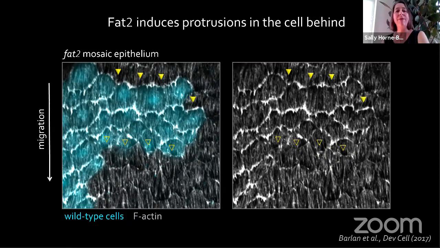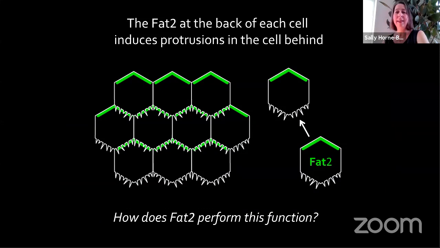By contrast, if you have FAT2 mutant cells migrating behind wild type cells, the mutant cells can make protrusions just fine. So what these data are telling us is that FAT2 sits at the trailing edge of the cell and it reaches out and tells the cell behind it where to put a leading edge protrusion.